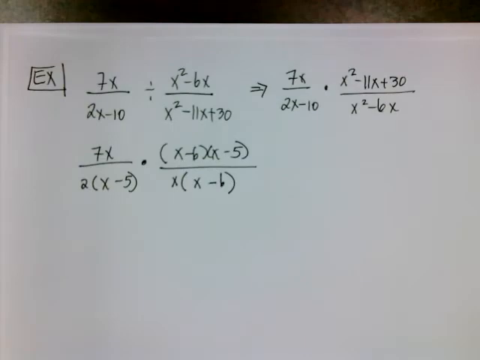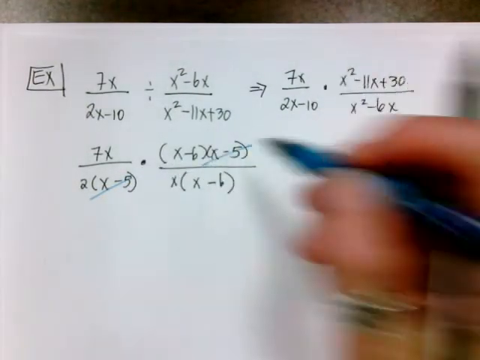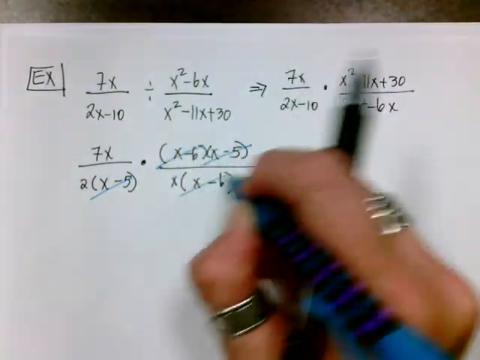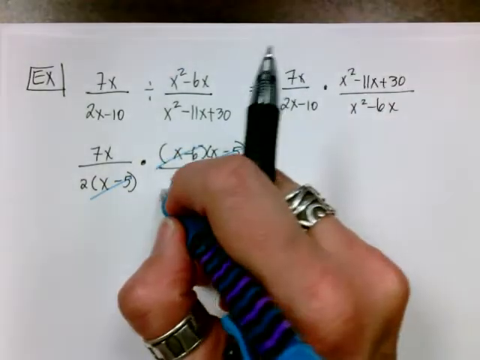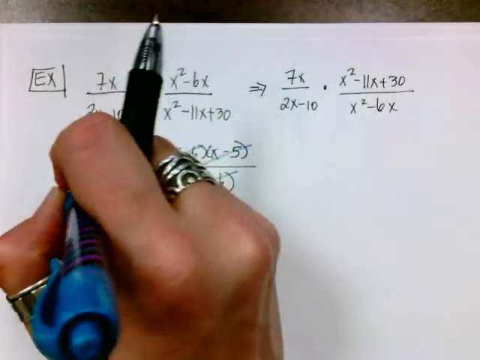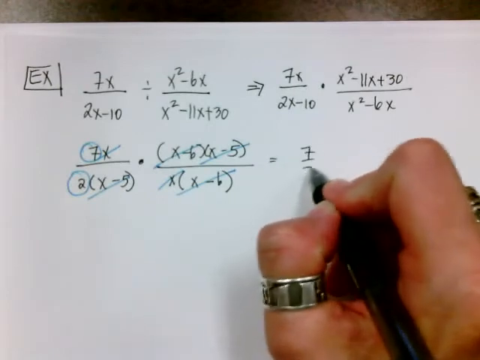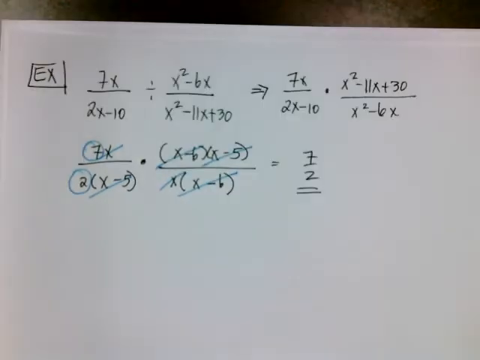Now we can start reducing everything that they have in common. The x minus 5's cancel, the x minus 6's cancel, and my x cancels. So I'm left with a 7 on the top and a 2 on the bottom. My answer is going to be 7/2. That nasty thing actually simplified to look pretty good.